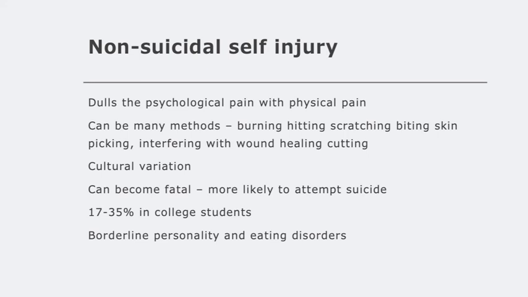We'll notice patients who have multiple healed cuts or in various stages of healing up and down their arms and legs. And many times they will try to hide this by doing it on areas of the body that are not as apparently visible. There is cultural variation in what methods people use for non-suicidal self-injury, so this can vary greatly.